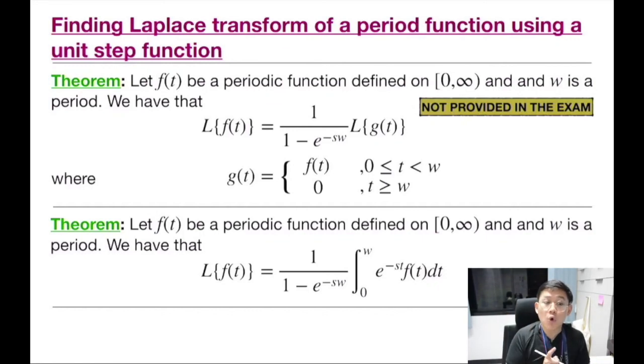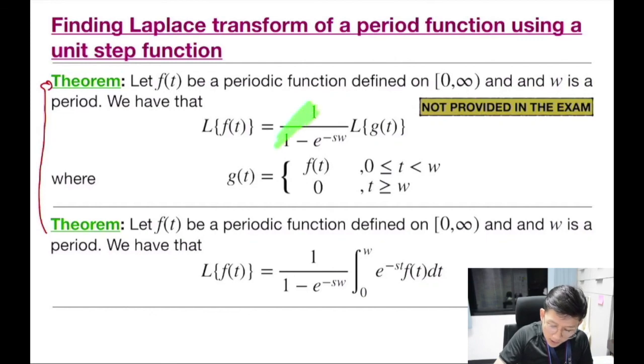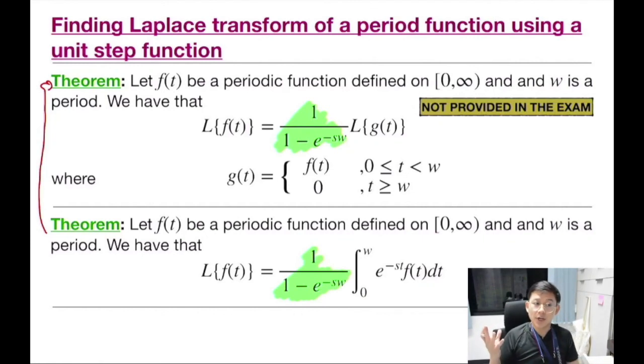And what I told you is not the main focus. I'm saying that this is the same as that. How? If you look here, this part is the same. f(t) is the periodic function, so they are the same.